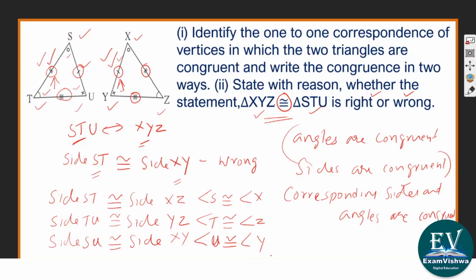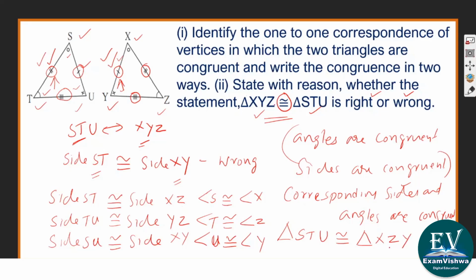If you are writing the congruency of these 2 triangles, because 3 sides and 3 angles are congruent, naturally they should be congruent. In that case, triangle STU is congruent not to XYZ but to triangle XZY. This is a proper way of placing it.